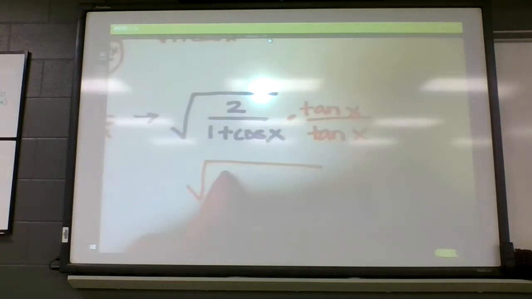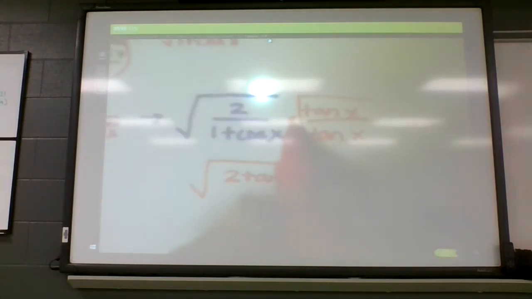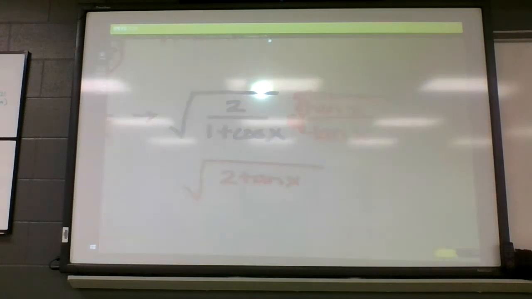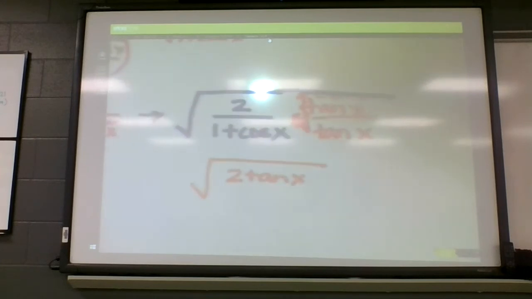So this would be a square root. On the top would be 2 tangent of x. By the way, technically we're multiplying by the square root of this, right, to keep those in a square root. Or you can just think we're multiplying by tangent over tangent inside of the square root. However you want to think about that. So 2 tangent of x on the top.